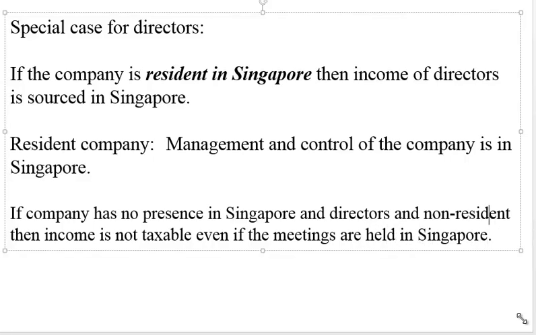This is a special case. If the company has no presence, it means we have nothing to do with Singapore. We are not doing any operations. We just hold our meetings there for the sake of meeting only. It has no operations in Singapore. In that case, the income will not be taxable.